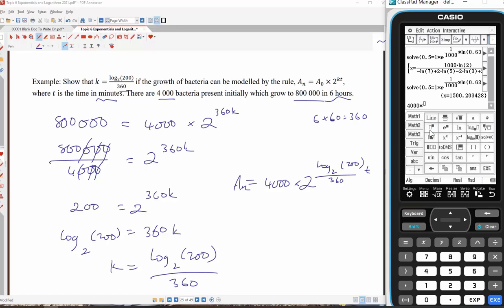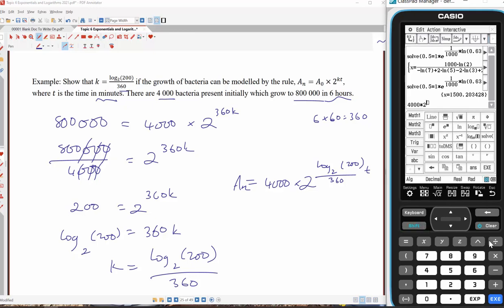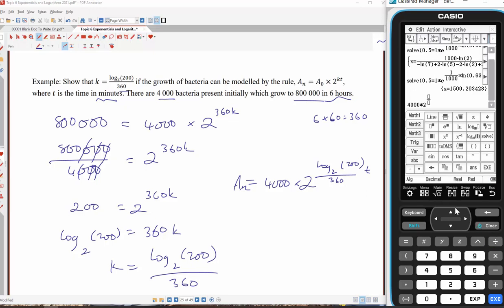Once you do this stuff here, it starts to become a little complicated. 2 to the shift divide, now shift 6 log 2 200 over 360 x.